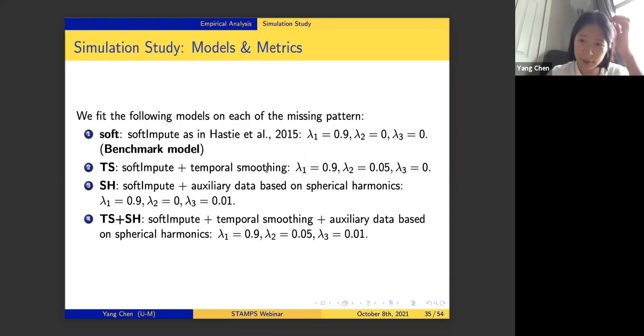And then we could set lambda3 to be 0, that is, we only include temporal smoothing. Or we could set lambda2 to be 0, so that we only include auxiliary data smoothing. And finally, that's our full algorithm, the soft impute plus the temporal smoothing plus the auxiliary data. So those tuning parameters are set to give a suboptimal performance for our finally proposed full model, but we're trying to bring in the best performance for the benchmark models.